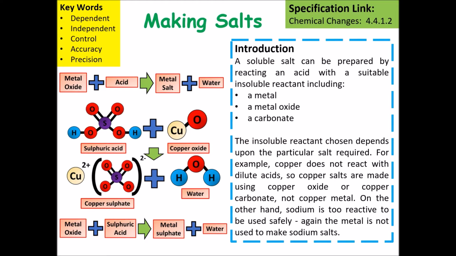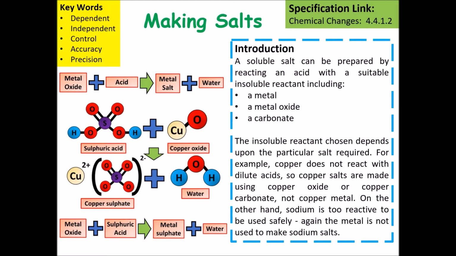So a soluble salt can be prepared by reacting an acid with a suitable insoluble reactant, including a metal oxide, or a carbonate. The insoluble reactant chosen depends upon the particular salt required.